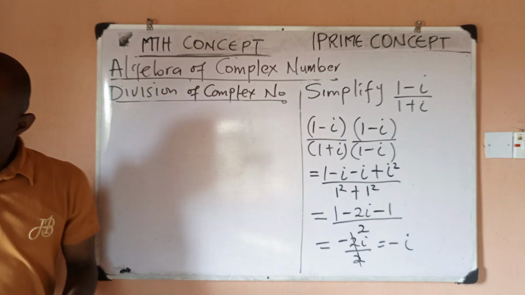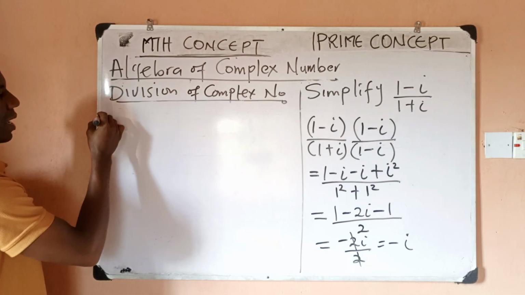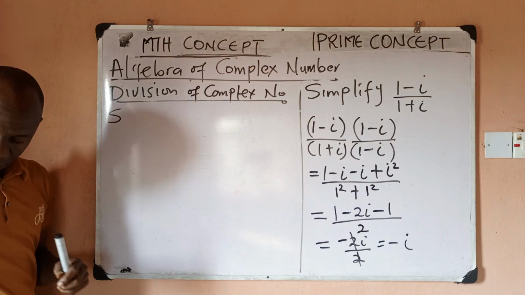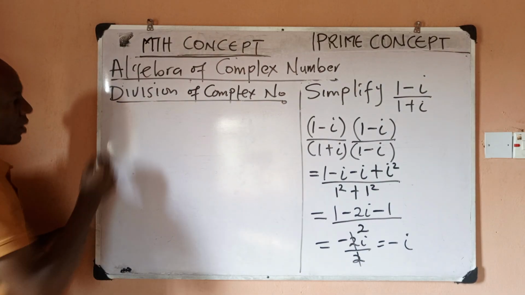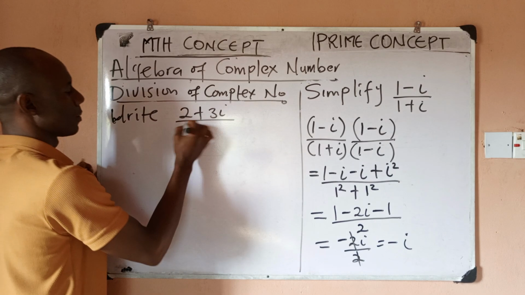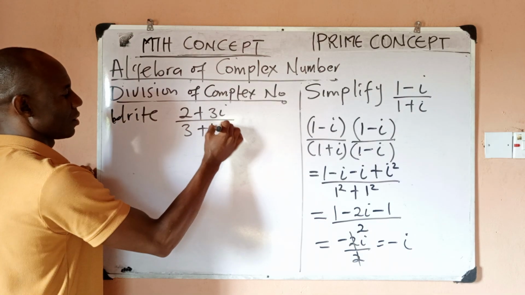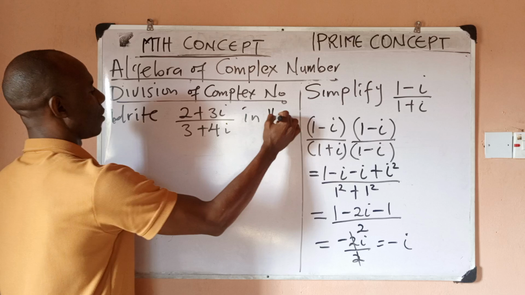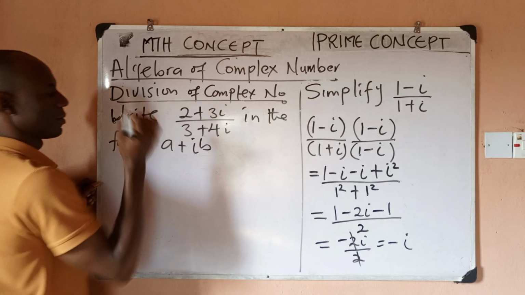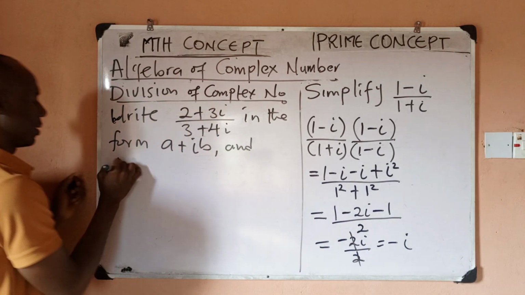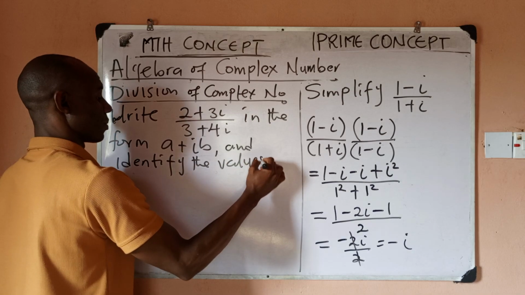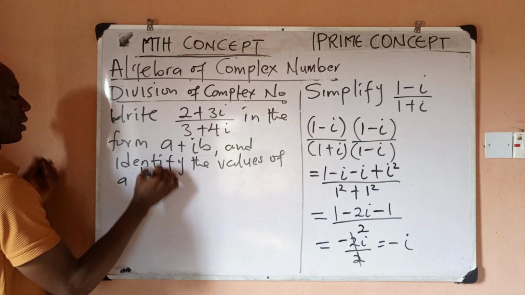Now I'll take one more example to help you internalize it very well. So we have this question: write 2 plus 3i over 3 plus 4i in the form a plus ib, and identify the values of a and b.